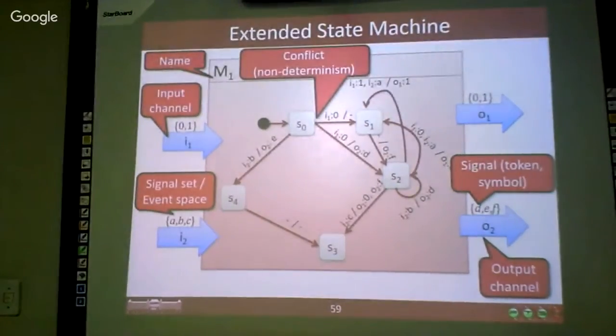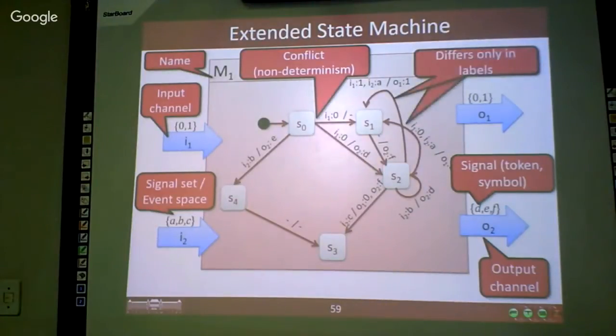And here you can see a kind of non-determinism, because from I1 here we read 0, and we can go to S1 or S2. Here you can see that these two transitions differ only in labels.